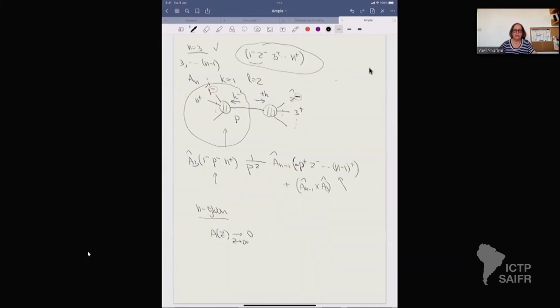So, the first thing: remember that this is an amplitude where only 1 and 2, only these two guys, have negative helicities. Everything else is positive. Now, we're assuming that we know the form of the amplitude for 3 point, 4 points, and everything up to n minus 1. We're proving this by induction.